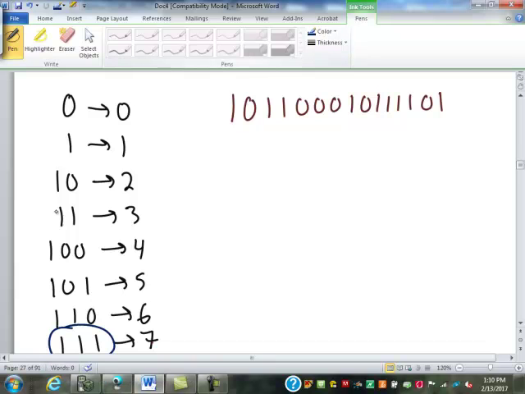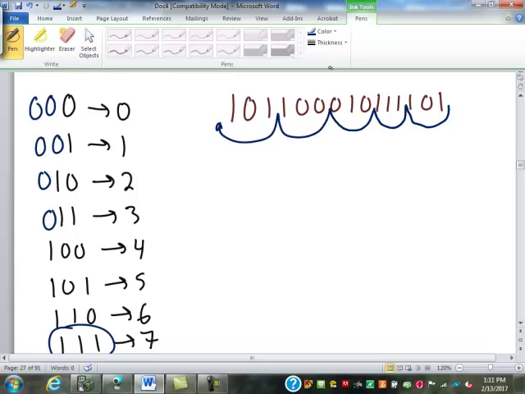So what I'm going to do is fill in zeros here to complete those to 3 digits each. I can start at the end of this number and go 3 digits at a time. It happened to work out. It didn't have to work out that way. I just add zeros at the beginning to make it come out.